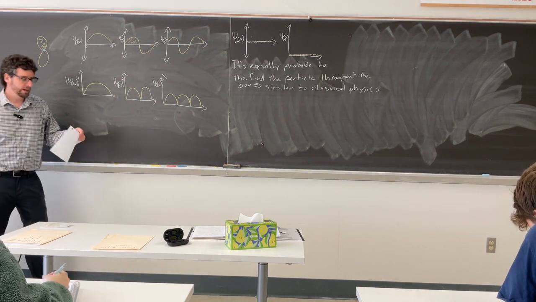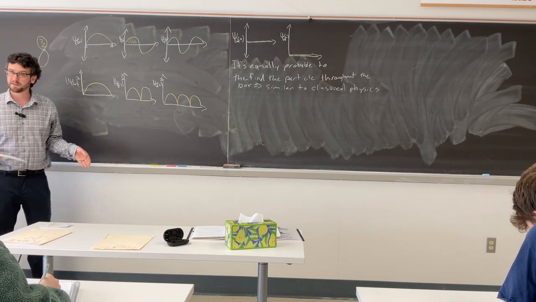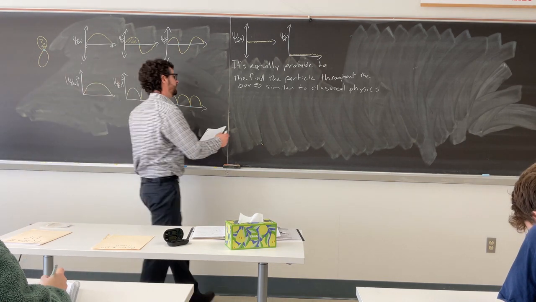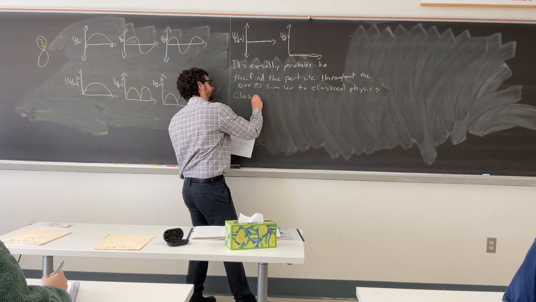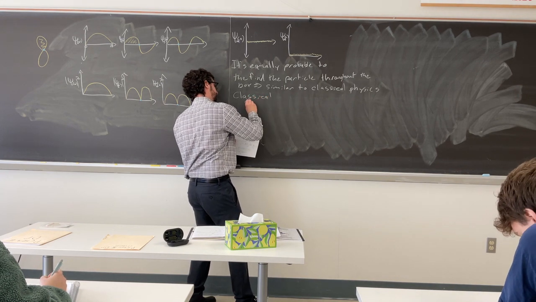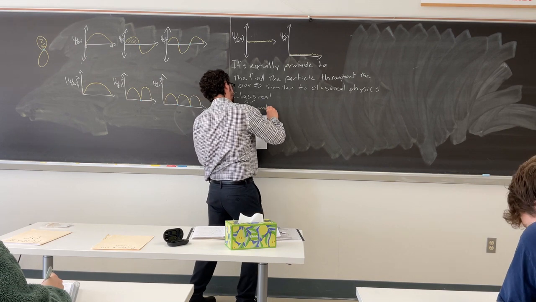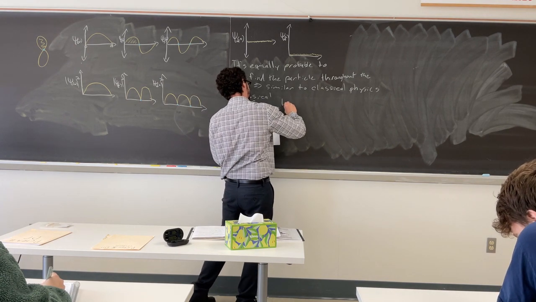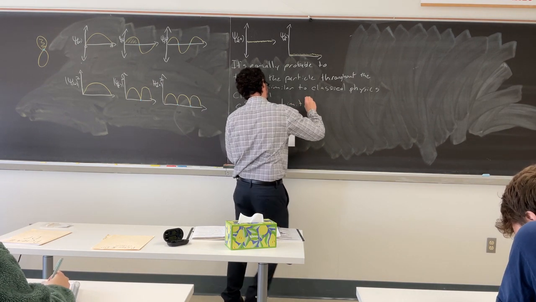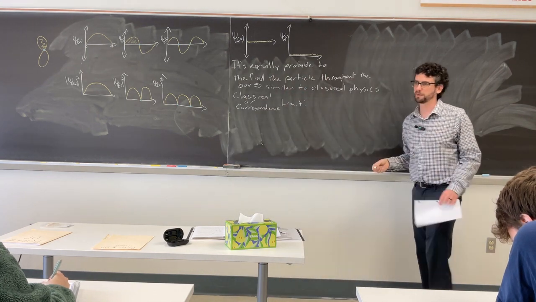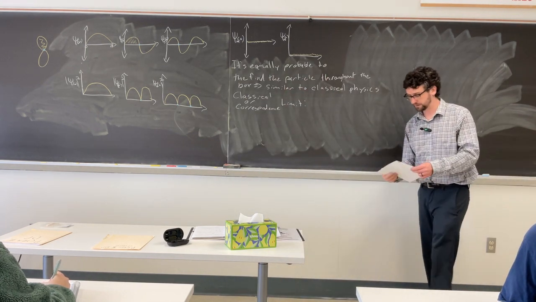And when we reach that point, that's what's known as the classical limit or the correspondence limit, where basically quantum mechanics behaves like classical physics.